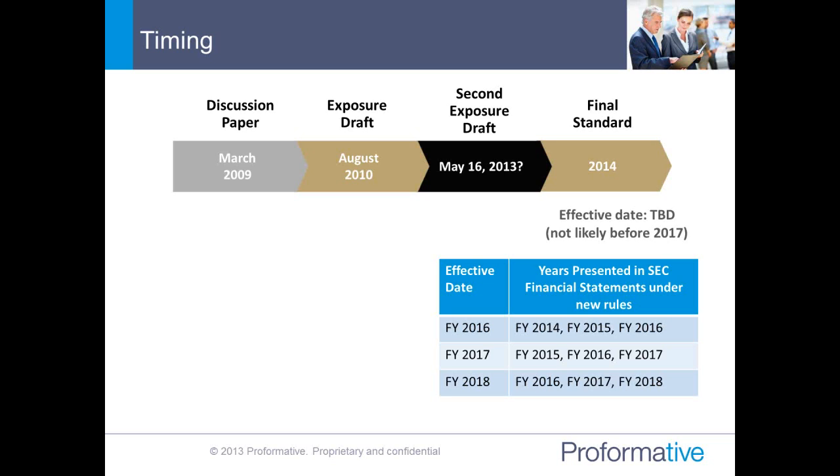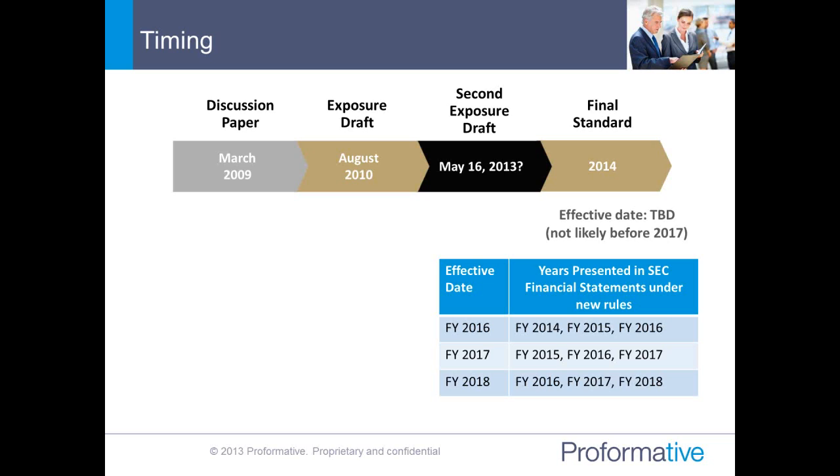So the project will flip over into 2014 for any continuing redeliberations, and so we wouldn't see a new standard issued until sometime in 2014 if all goes according to their plans.